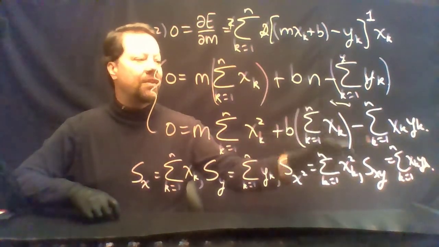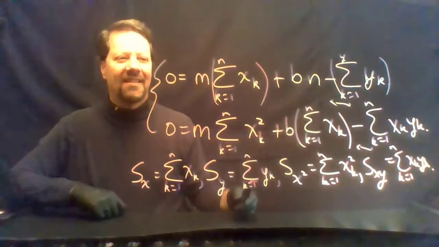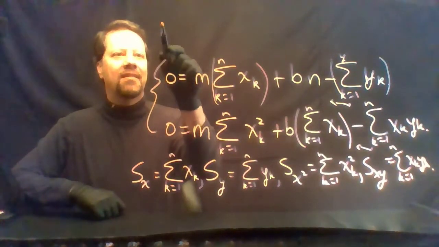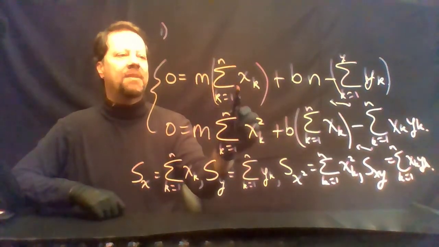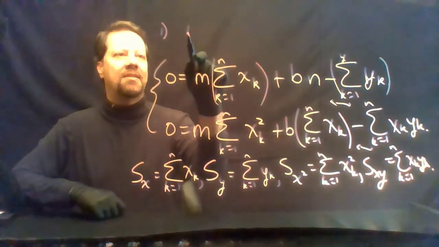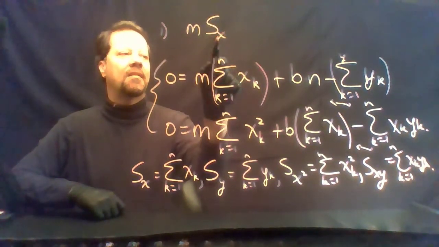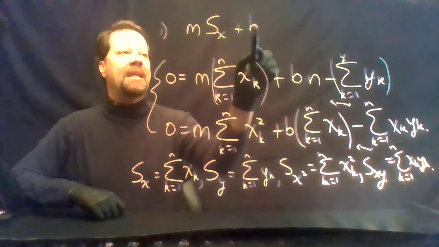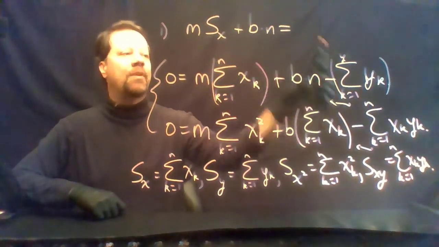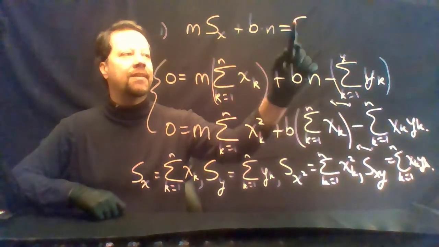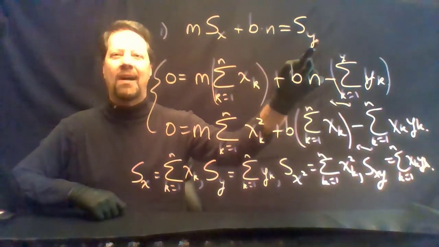We're going to move these terms to the other side, though. The first equation becomes m times the sum of the x's plus b times n, and we've moved this term to the other side, giving us the sum of the y's.